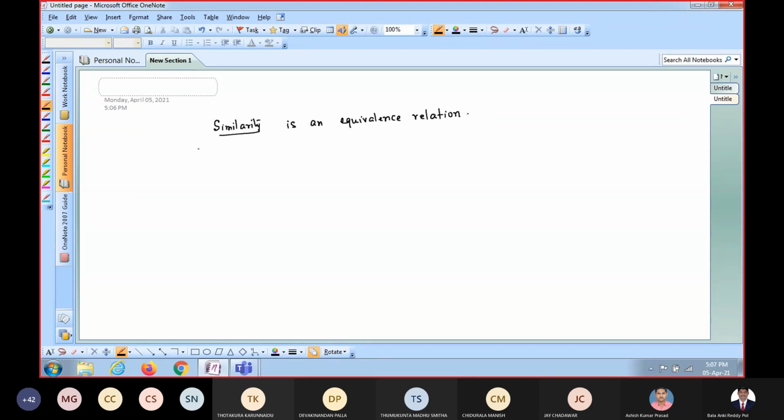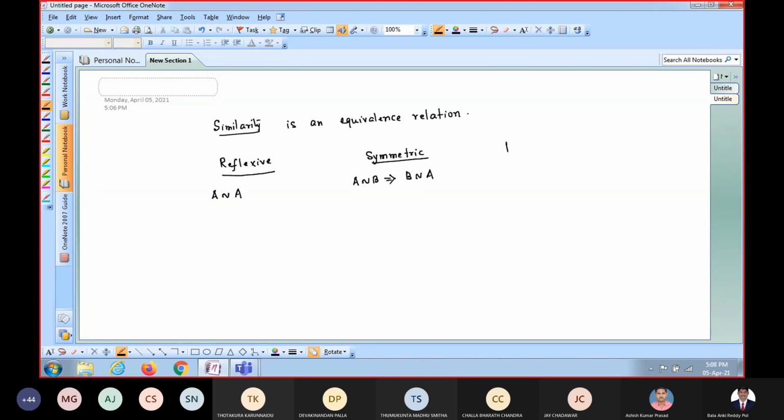Right? Means, first of all, it should be reflexive. It says that A should be similar to A. Second one, it should be symmetric. It means if A is similar to B, then this implies B is similar to A.